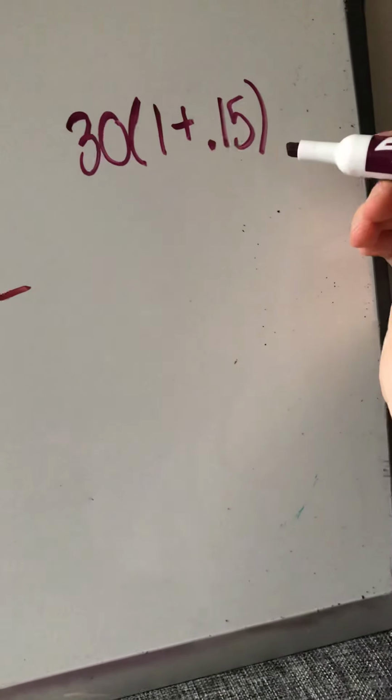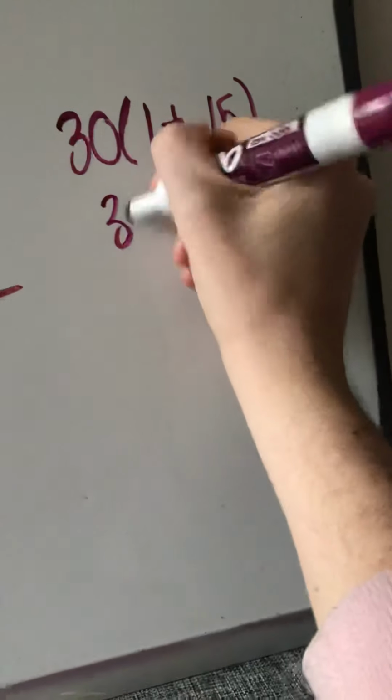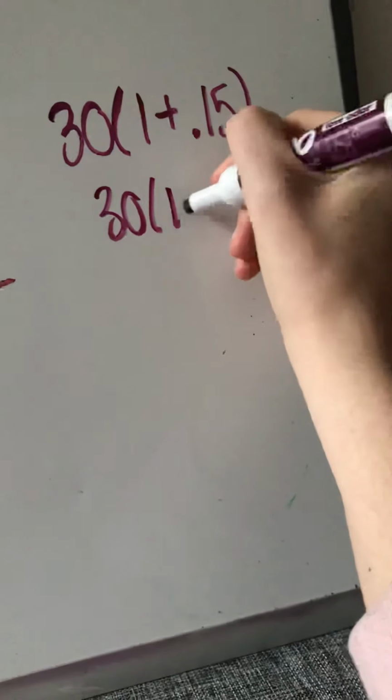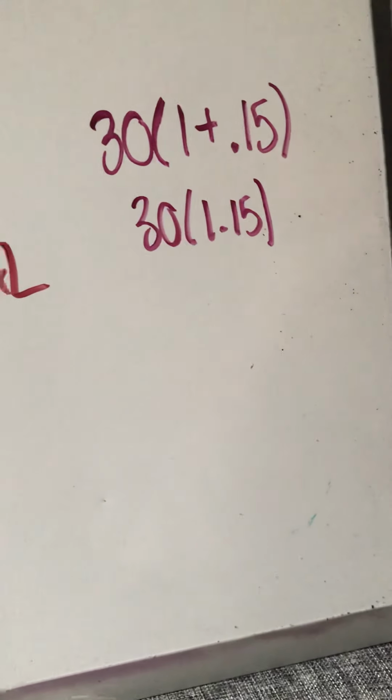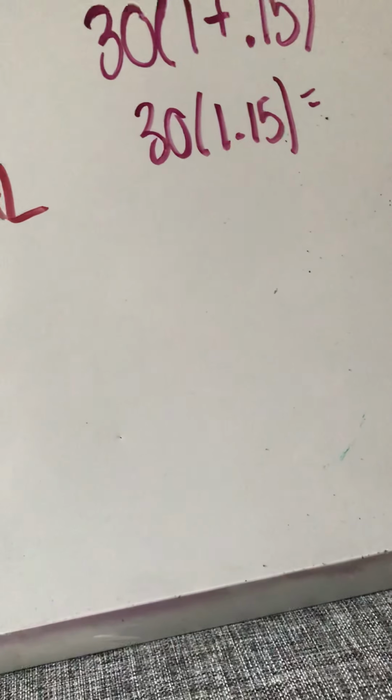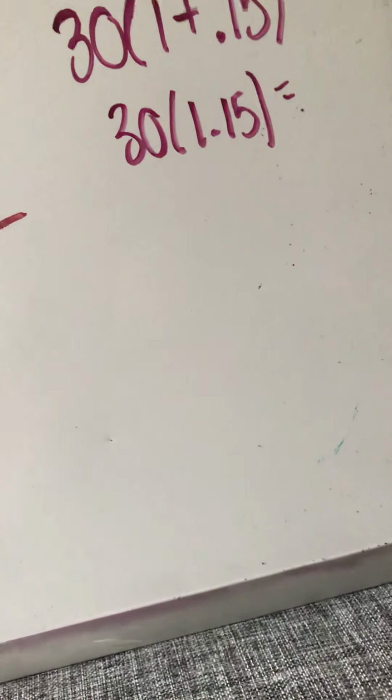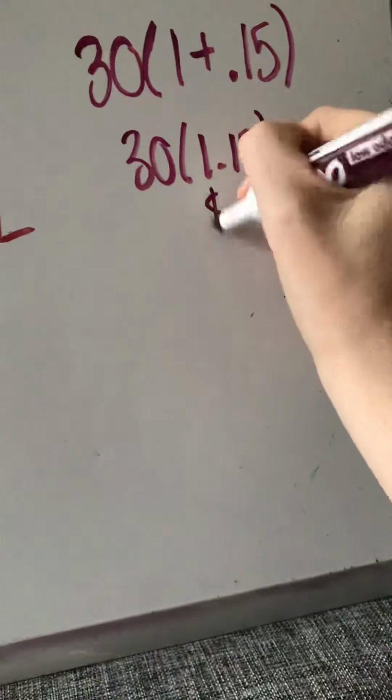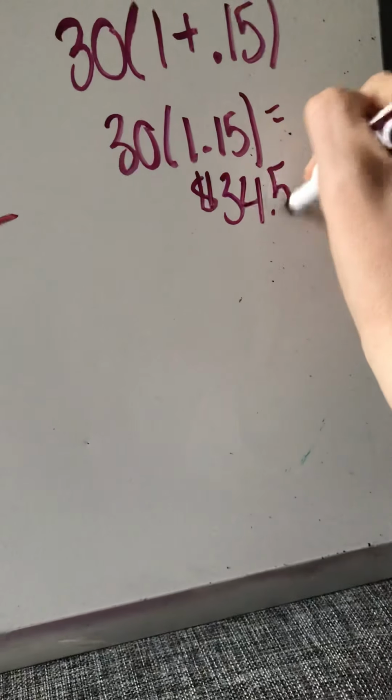And you can go ahead and calculate that. You could have also just written this as 30 times 1.15 because we know that means the same thing. And then when you multiply those values, you're going to get $34.50.